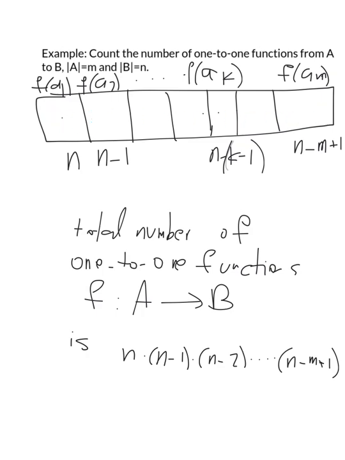And now if we want to count how many distinct m-tuples of elements of B exist, this is their number, and the set of distinct m-tuples of B are in one-to-one correspondence with the set of all the one-to-one functions. By a distinct m-tuple, I mean m-tuples where there is no repetition among their entries.